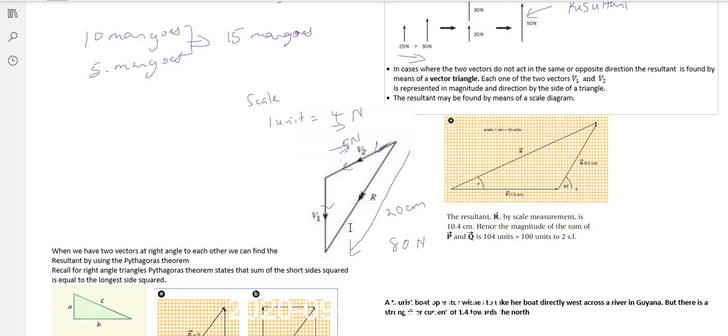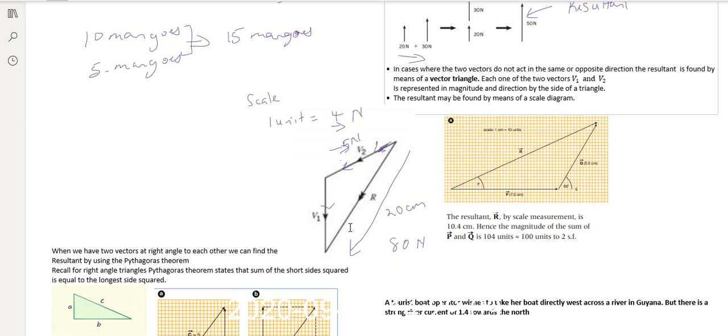This one right here, vector 2, if I'm saying that this is 5 newtons, this would just be 1 unit and a little bit. So this might not be the best scale to use. I just picked some random numbers to show you, because it does not represent it properly. It's going to be a little bit small.